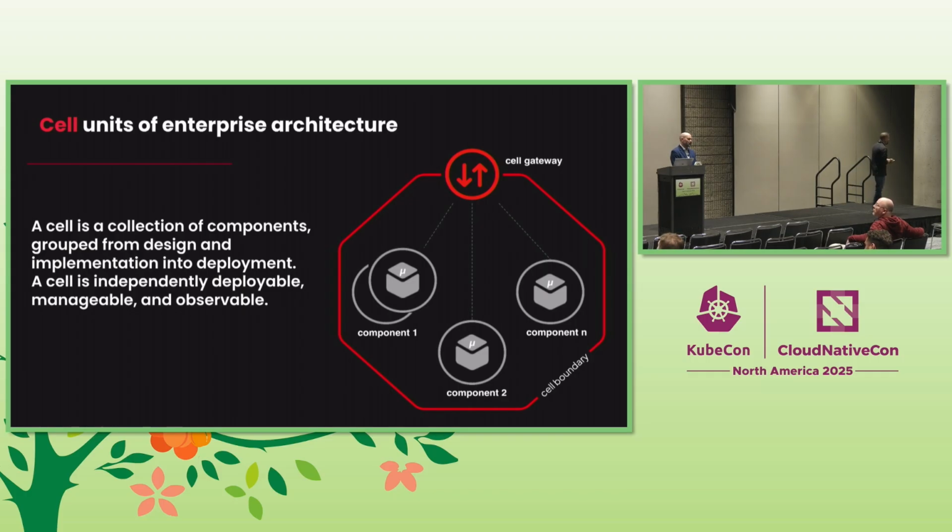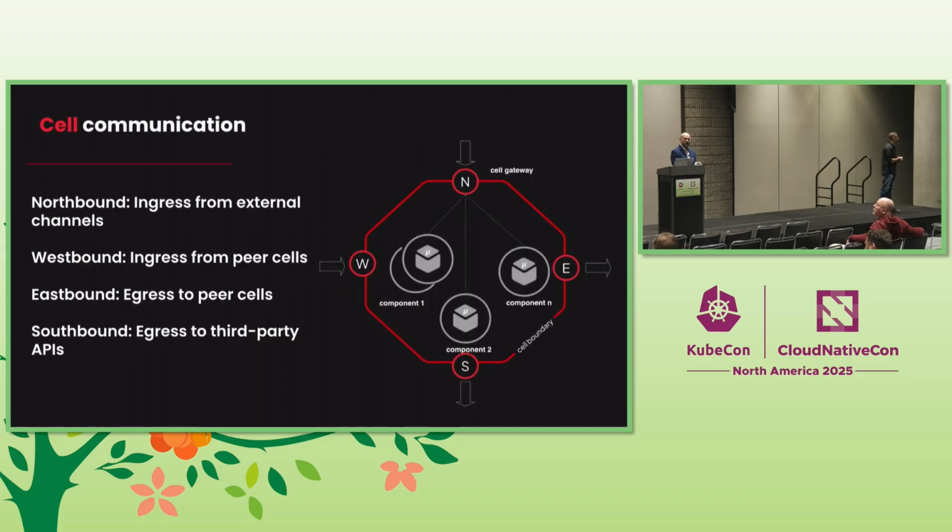So I'll get into the next one, that's about the communication of a cell. In this particular example, now you have 4 gateways. You have ingress that controls the northbound, which is coming from outside, and then you have egress that goes out from the cell to outside the enterprise.